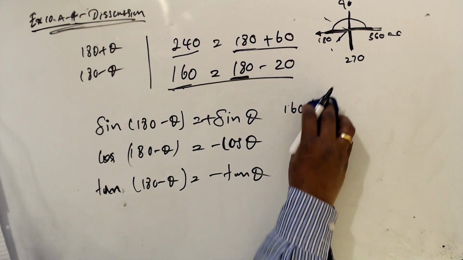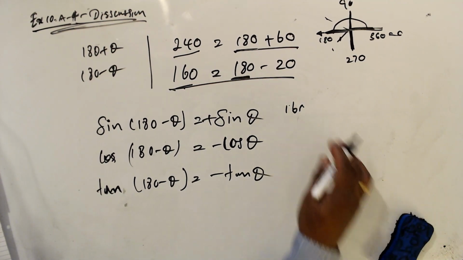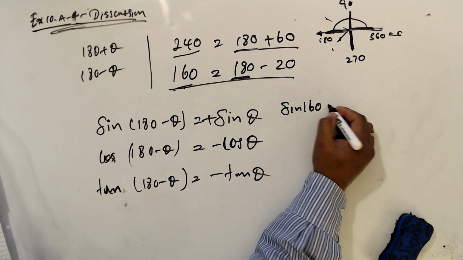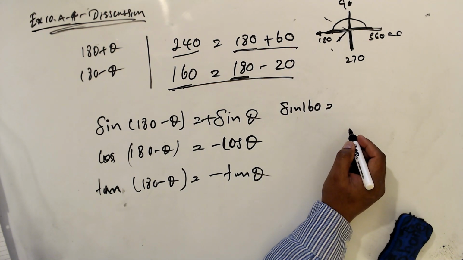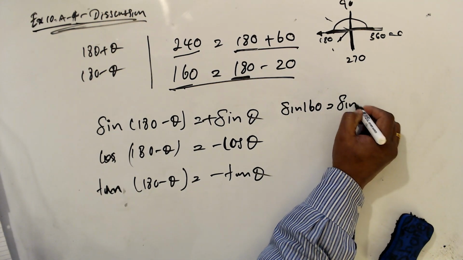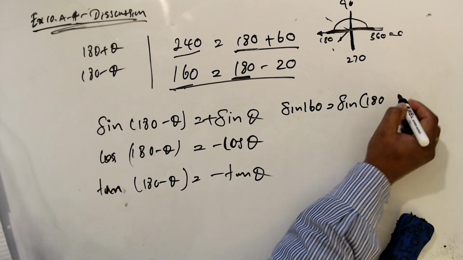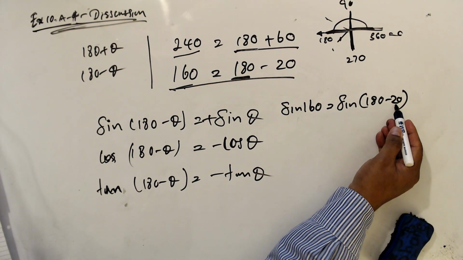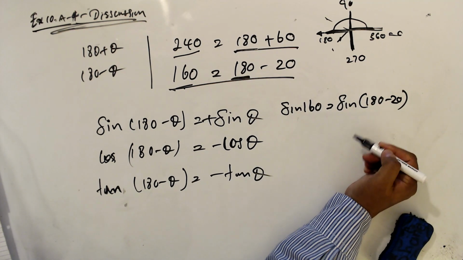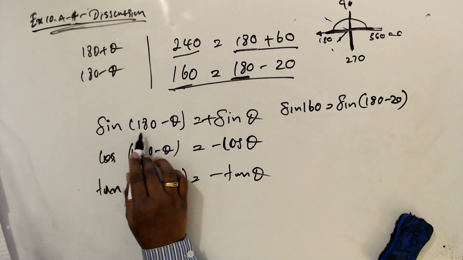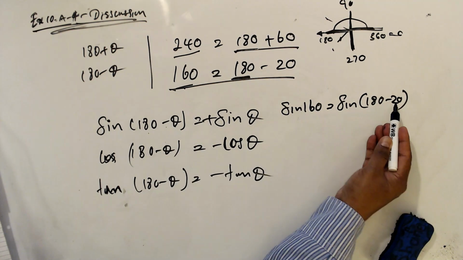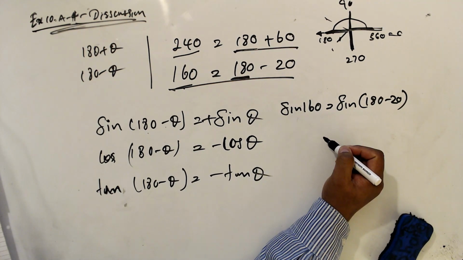I'll take sine 160. I'll bring the guest: 180 minus 20. Theta becomes the acute angle, here 20. 180 minus theta, instead of theta, 20.